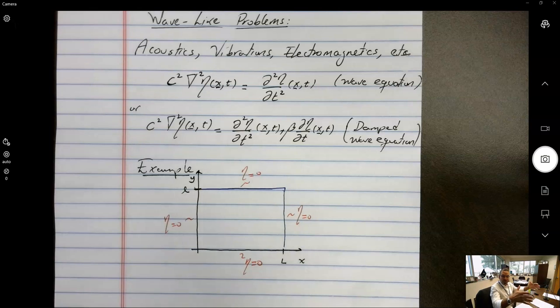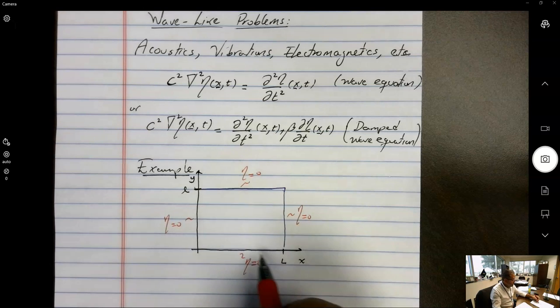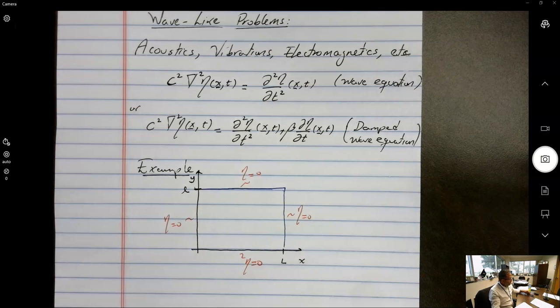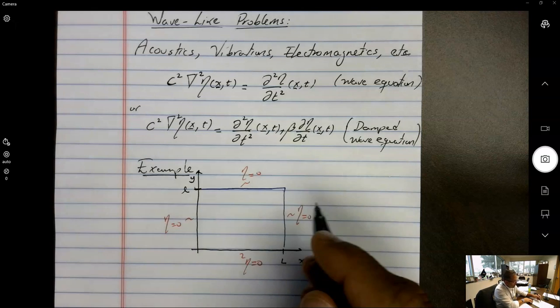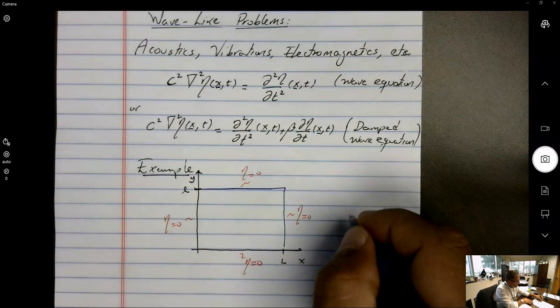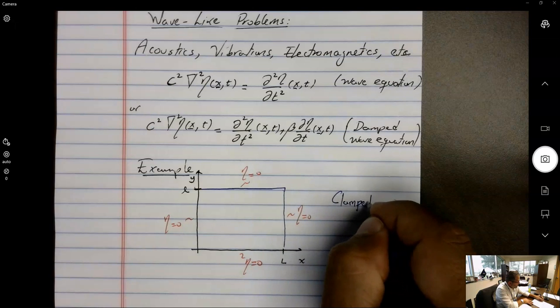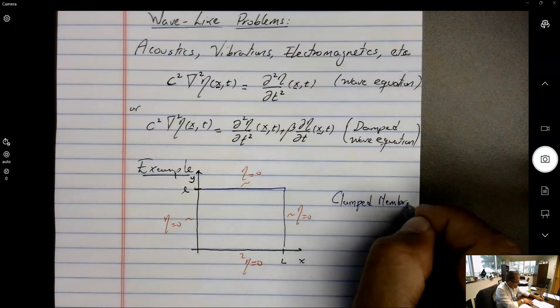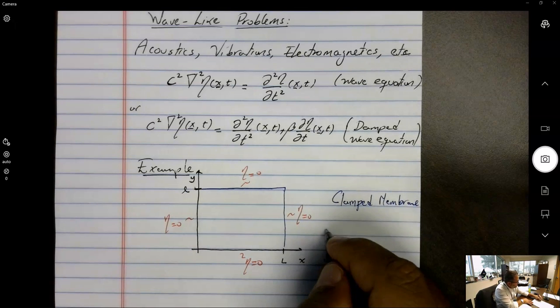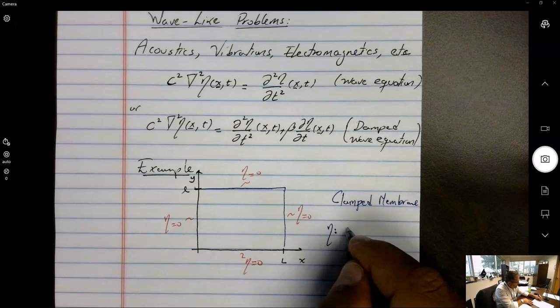For example, imagine a drum, the top of a drum, but instead of being a circle, we have a rectangle or a square, and it's clamped on all the borders, like in a drum. This is a clamped membrane where eta is the deflection or displacement.